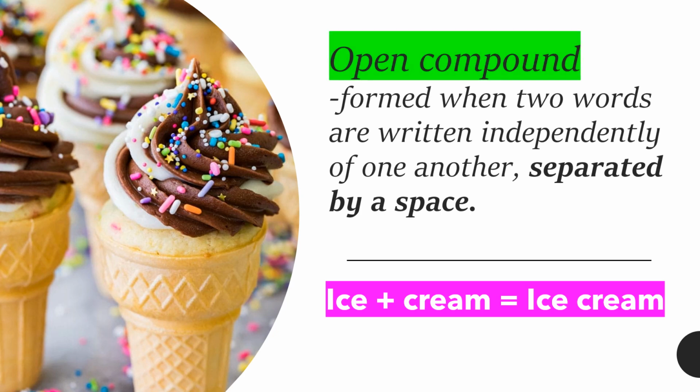The second type of compound word is the open compound. An open compound is also formed when two words are combined, but this time they are separated by a space. Example, ice plus cream is ice cream. We separate the two words with a space.